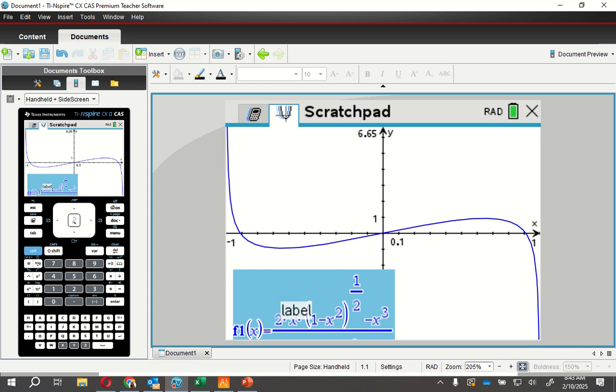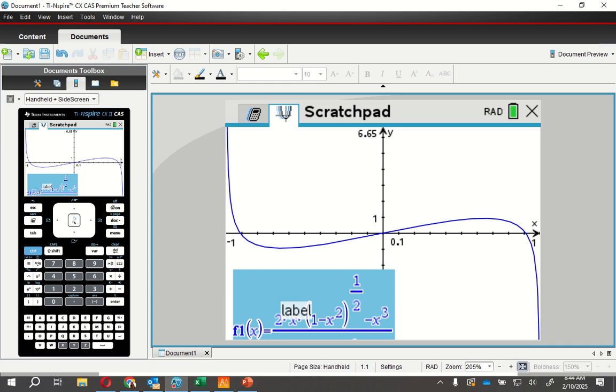So, what do we know happens in between? Remember, this is the graph of the derivative. On the left of my negative square root of 2 over 3, all this over here is positive, isn't it? Is it above my x-axis?